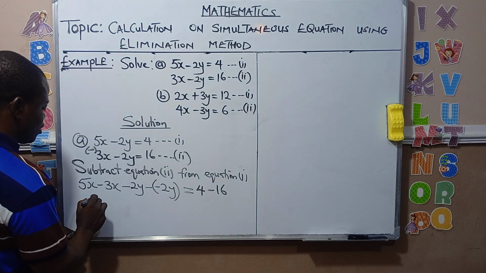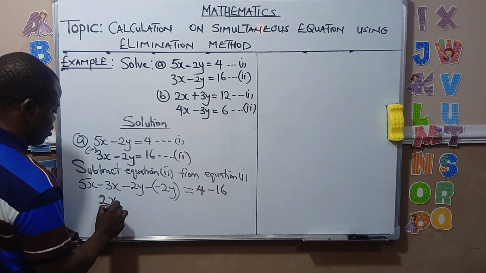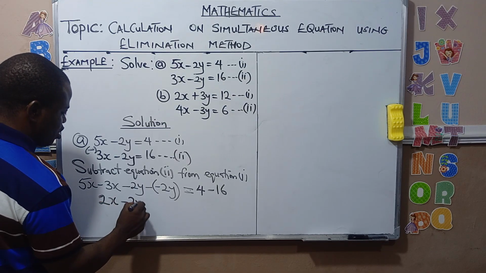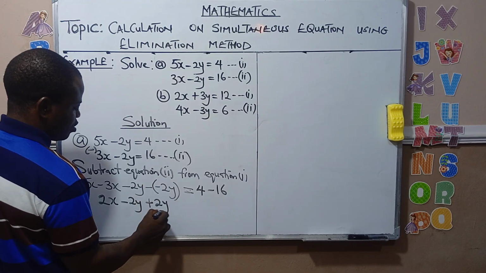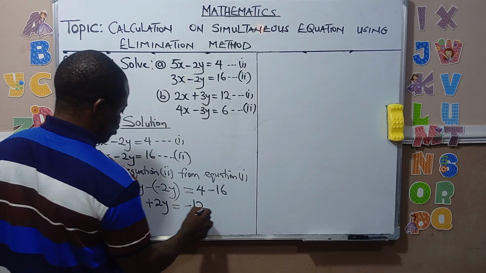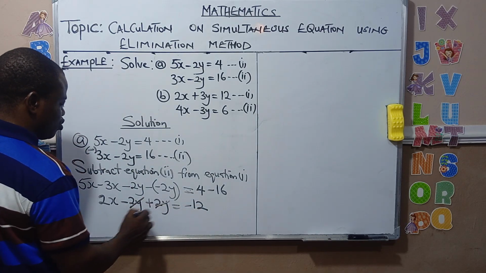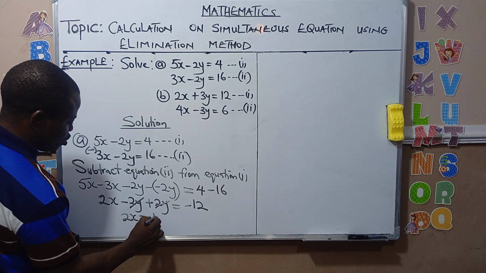5x minus 3x, having 2x, minus 2y minus negative 2y, that is plus 2y, equals 4 minus 16, that's minus 12. Minus 2y cancels plus 2y. I'm left with 2x equals minus 12.